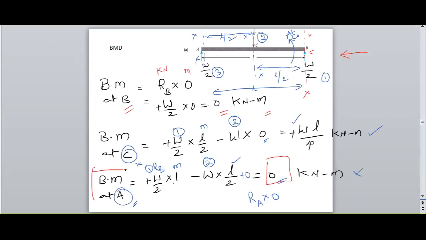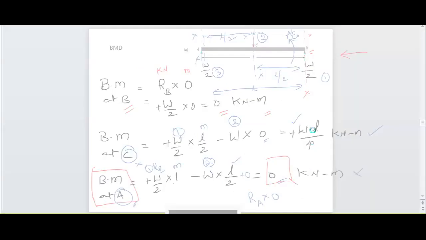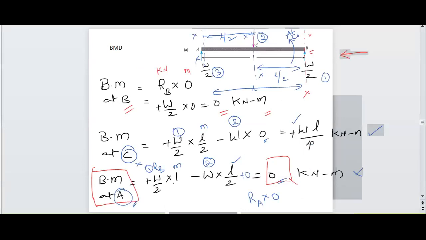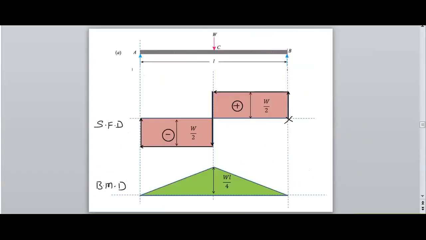That is nothing but the bending moment at A. Otherwise, you have made a mistake in finding RA and RB. If you are not getting the 0 at the last point, then you are making a mistake while calculating RA and RB.